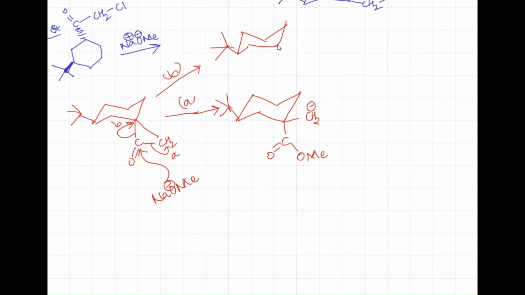It will form CH2 C double bond O, OMe and along with this negative charge. This is not formed. This is a tertiary carbon and a cyclic ring is there. It is a highly unstable compound. This is the major product.